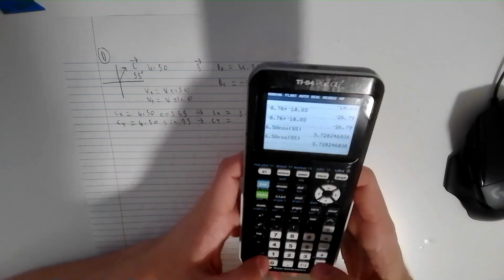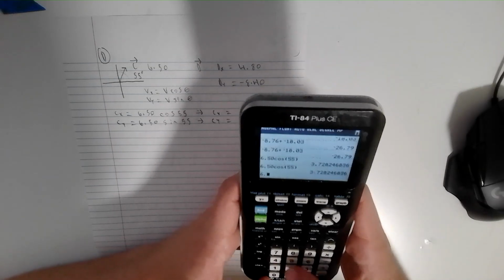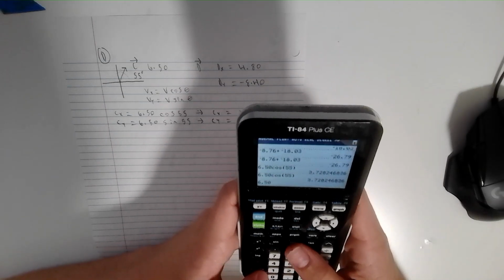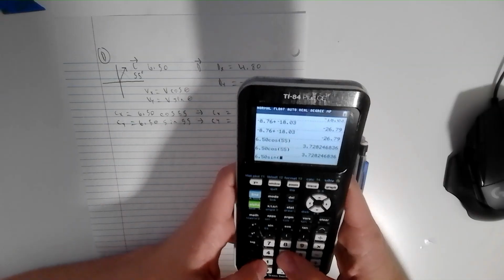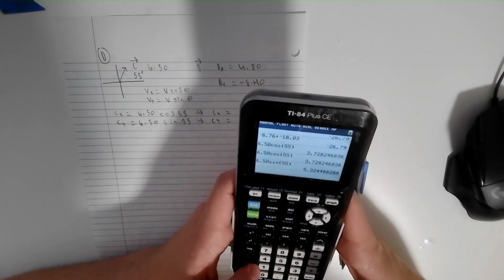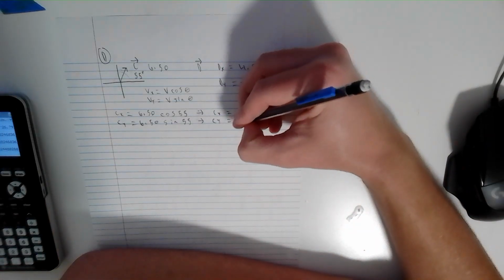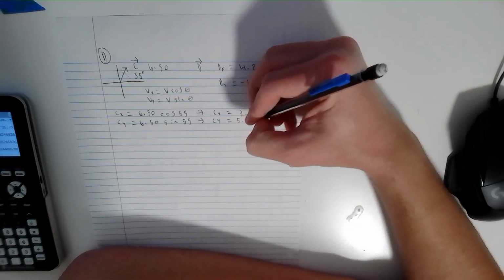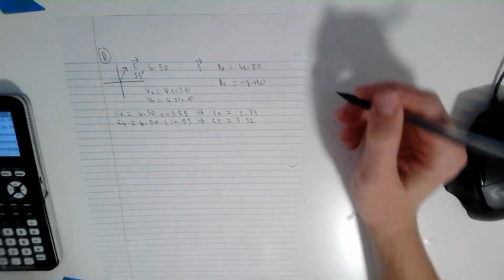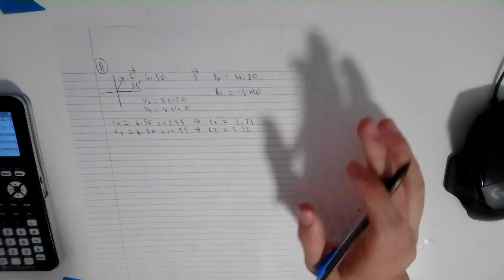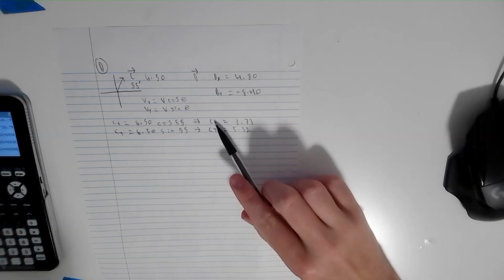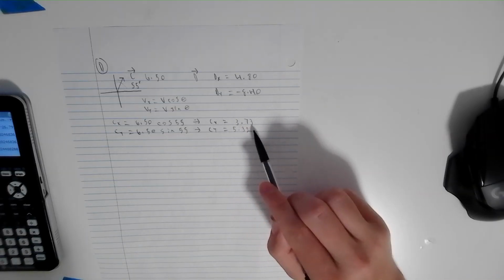And then for C of y, we got 6.50 sine of 55 degrees. That is 5.32. So that's our x component and our y component.